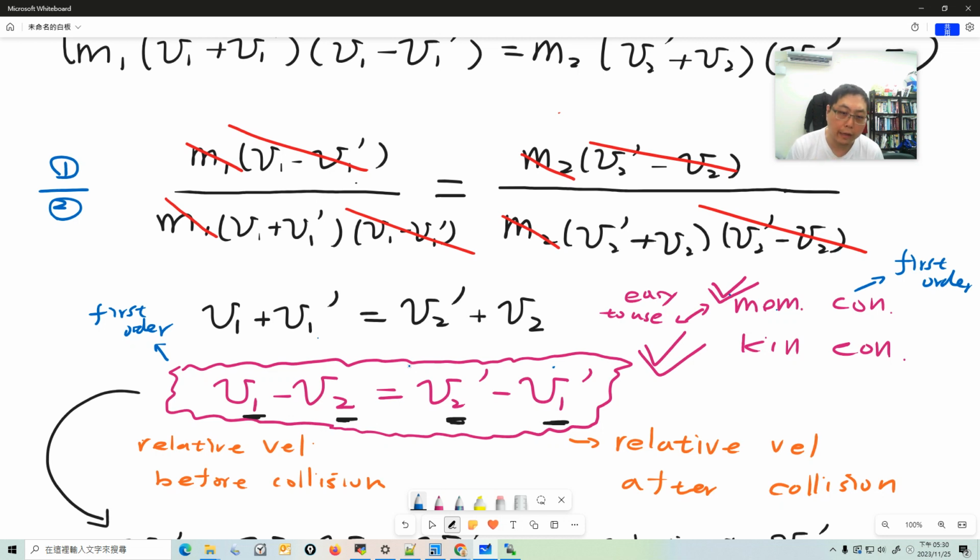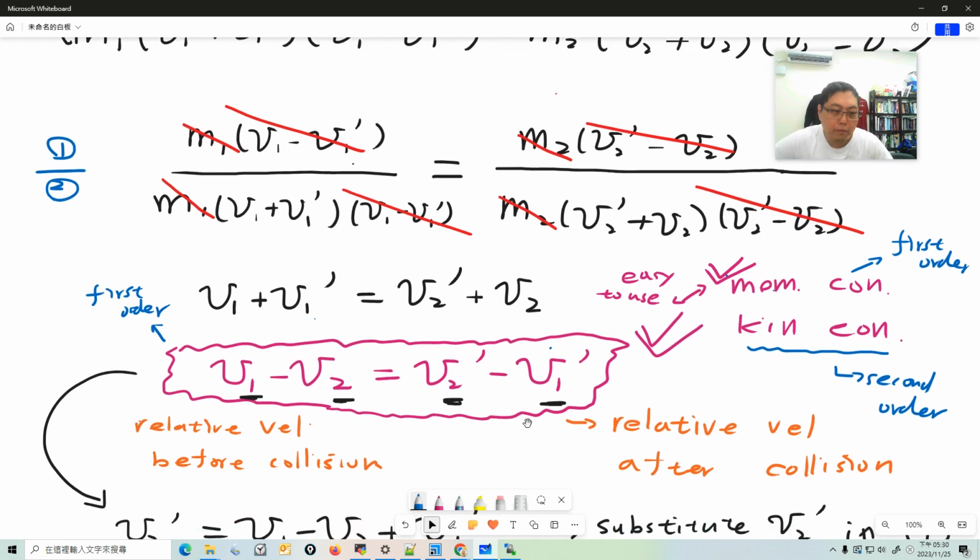The kinetic energy conservation equation is second order because you have a v squared, so you have more algebra work, and that will make your computation much more challenging. So for the 1D elastic collision problem, I recommend the momentum conservation and this feature relative velocity equation. Use these two equations to solve the 1D collision problem. That will make life easier.